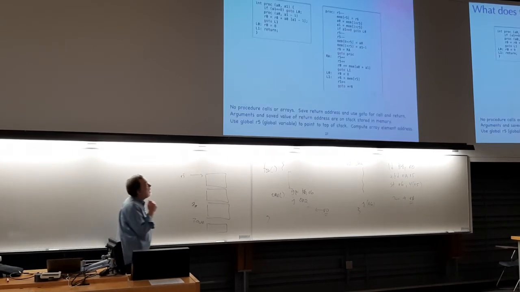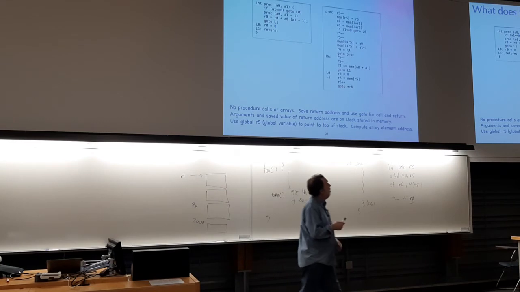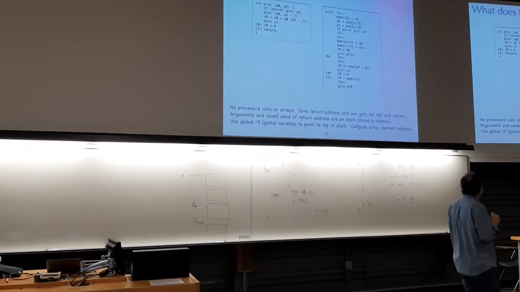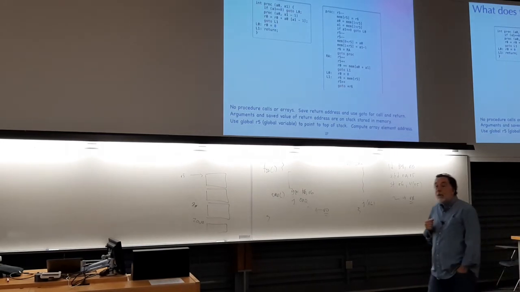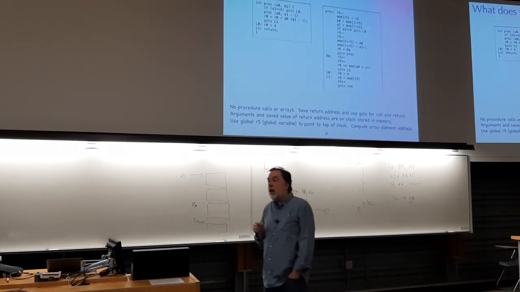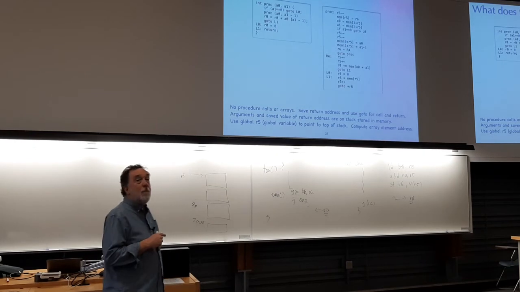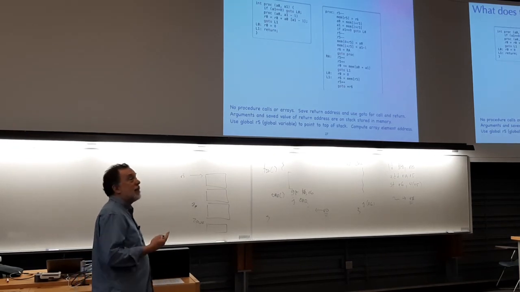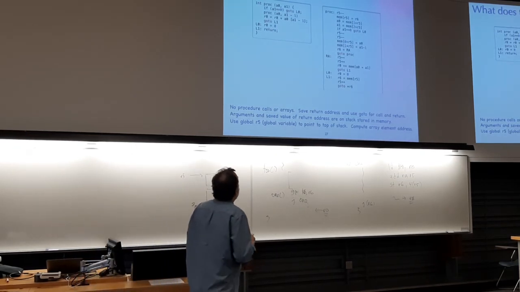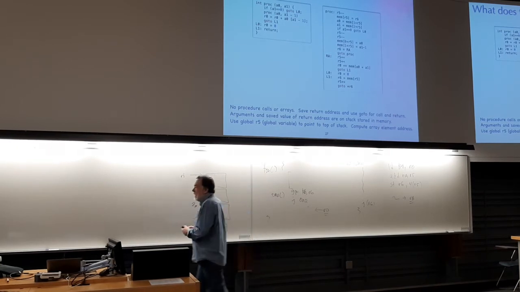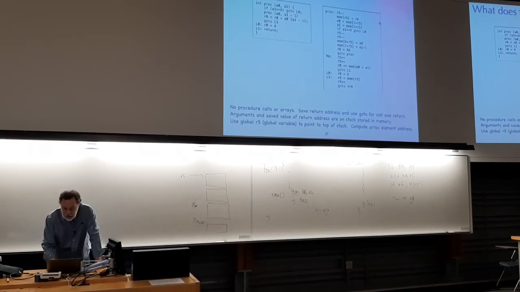Okay. So what I've done now is remove the procedure call and remove the arrays. Still, this is actually perfectly valid C. I'm using an array called mem to represent the stack. So I do these things I need to do at the beginning.